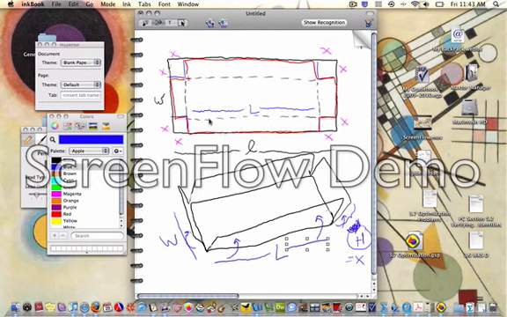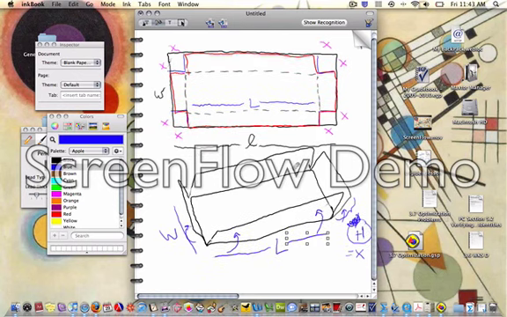Well, how are they related? If you look, I can take the original L, and what did we cut out from the length? We cut out an X here and an X there. So we really subtracted 2X from this L to get that L. So our L is little l minus 2x.